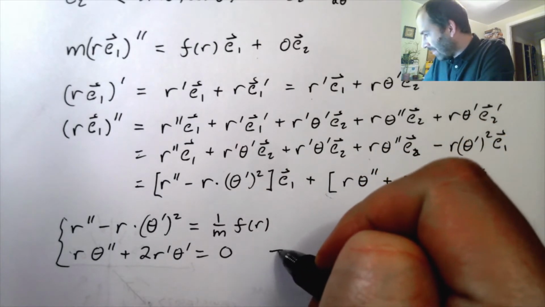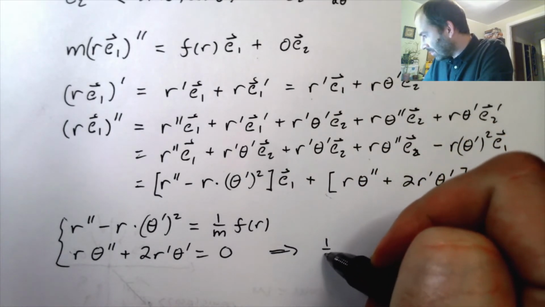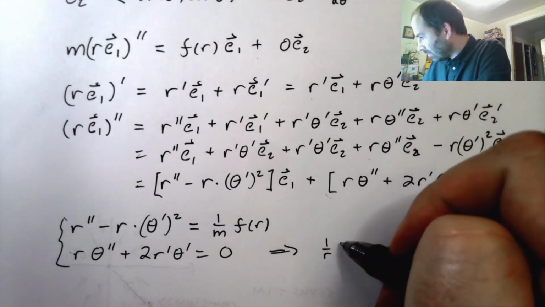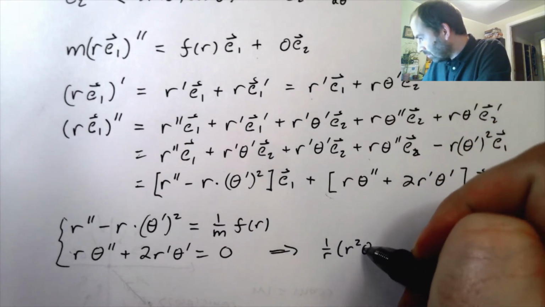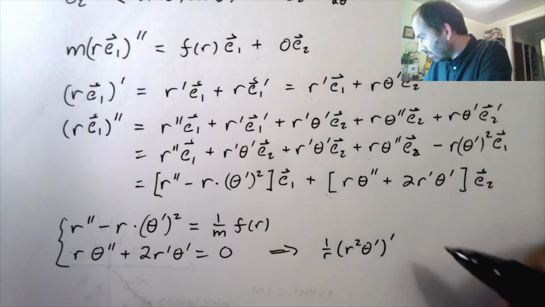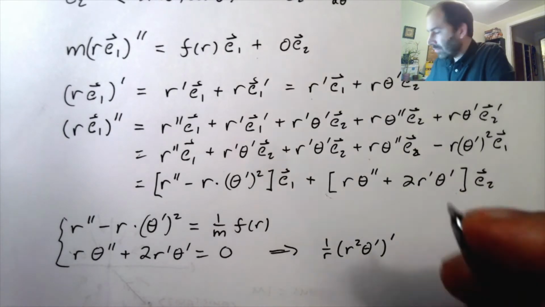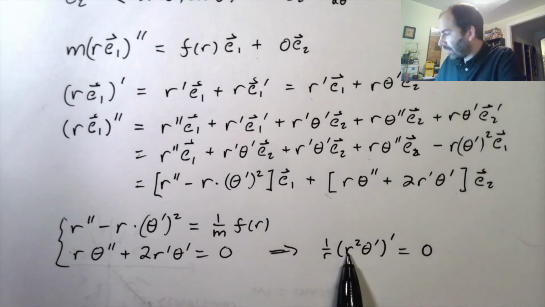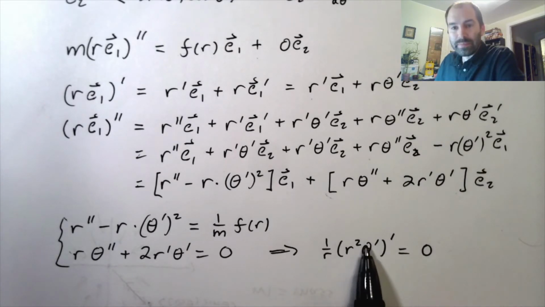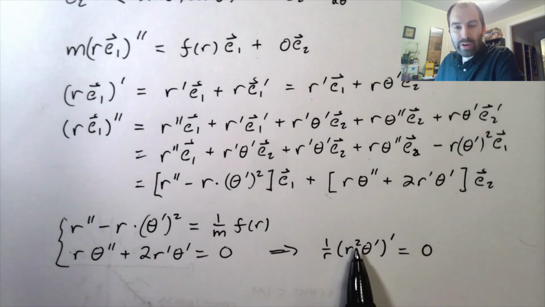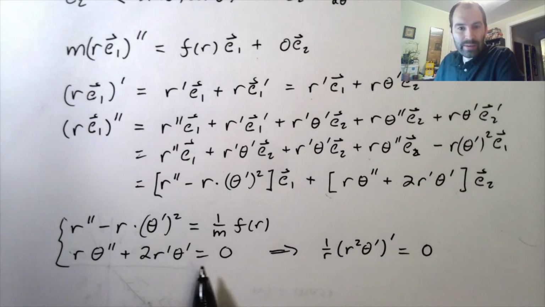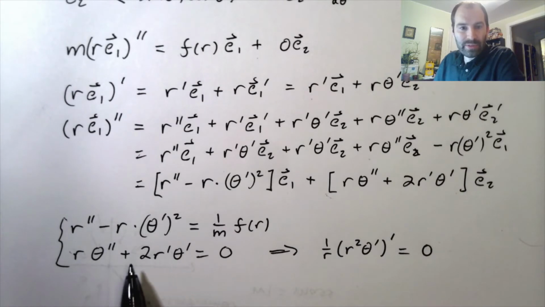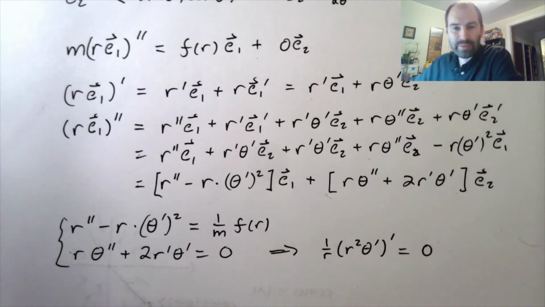This is the same as, see, if I take the derivative of r squared theta prime and use the product rule here, I will get exactly this stuff, right? If I multiply by 1 over r in the end. Okay?